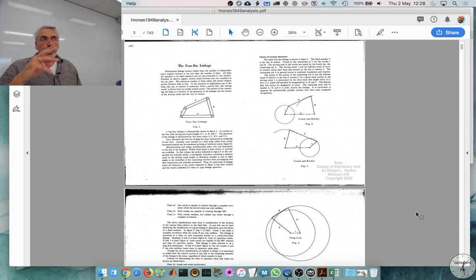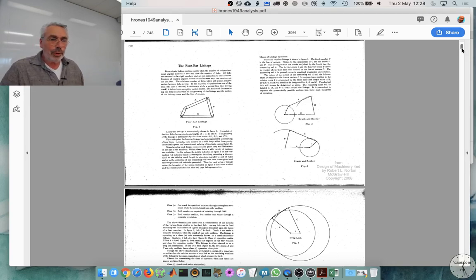But in designing, you know what the output is, you know what motion you want to have, but you don't know what the mechanism should look like. So it's like this inverse problem, and it sounds a little bit like integration and differentiation, right? Well, that's true. That's the whole book. It's a table lookup book.